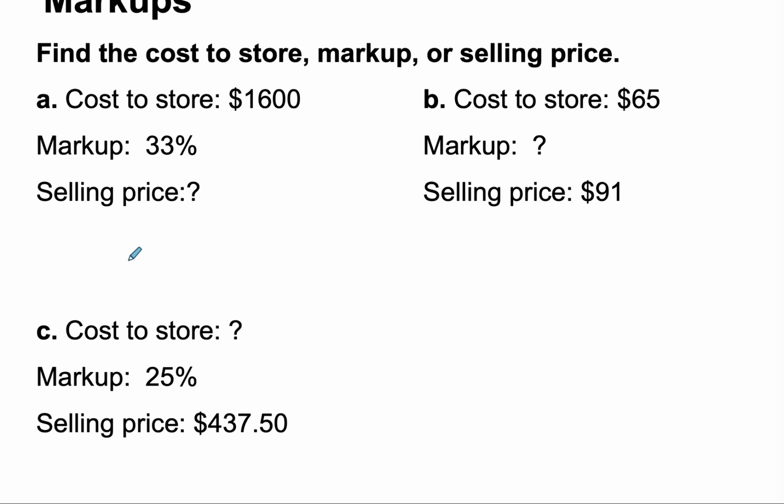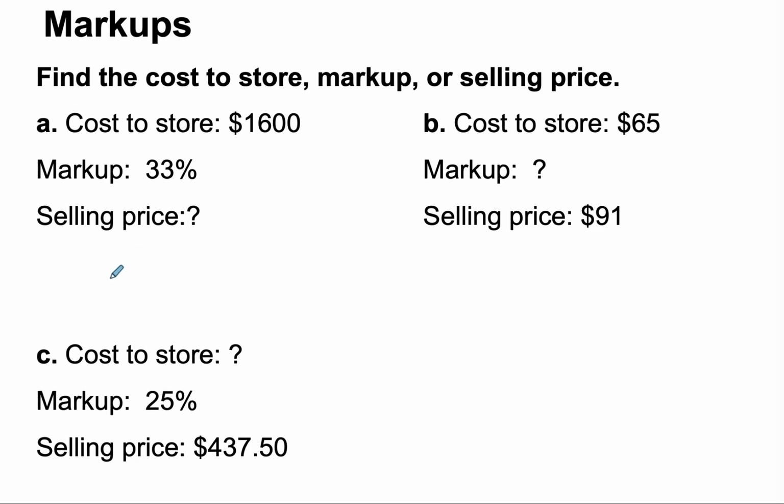All right, go ahead and pause the video and try these 3 on your own. All right, let's go ahead and check our answers. So markup means I add. I'm going to start with adding my percents. 100 plus 33 equals 133%. Last time I did a proportion for the first problem, so this time I'll do an equation for that.